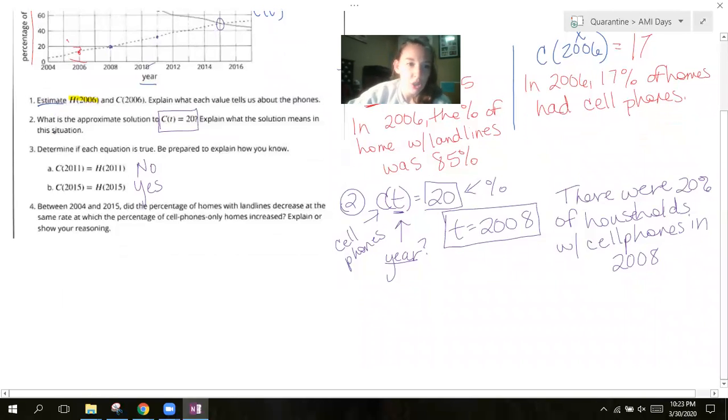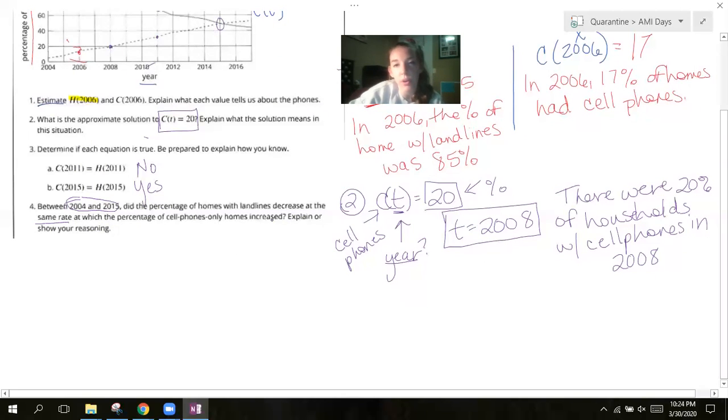It says between 2004 and 2015, did the percentage of homes with landlines decrease at the same rate at which the percentage of cell phone only homes increased?